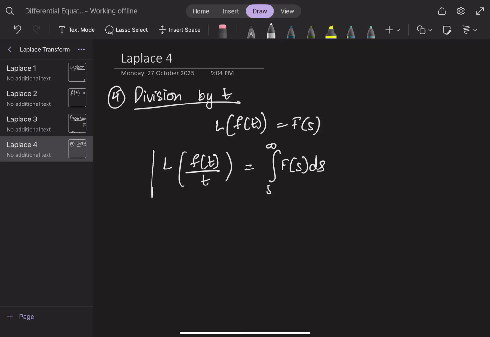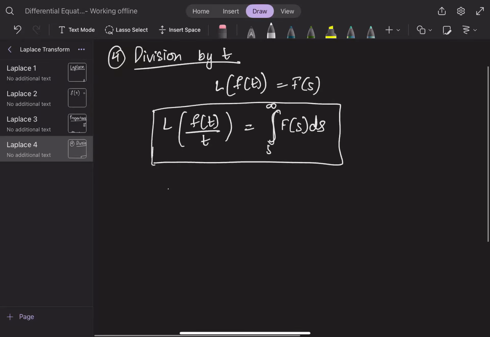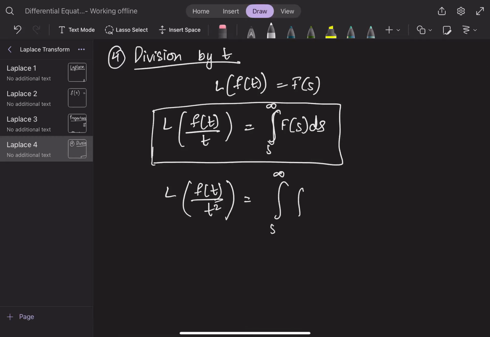In multiplication we were differentiating, and in division we are doing integration. If you have Laplace of f(t) divided by t square, suppose, then you will do the integration twice. And so on.